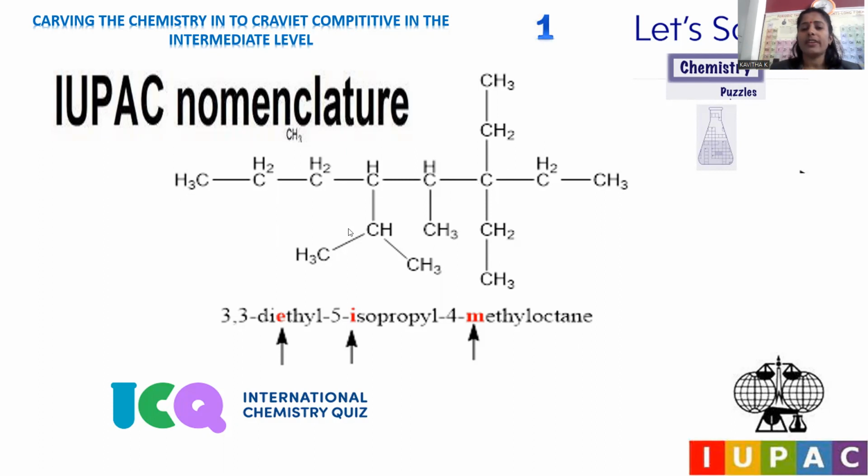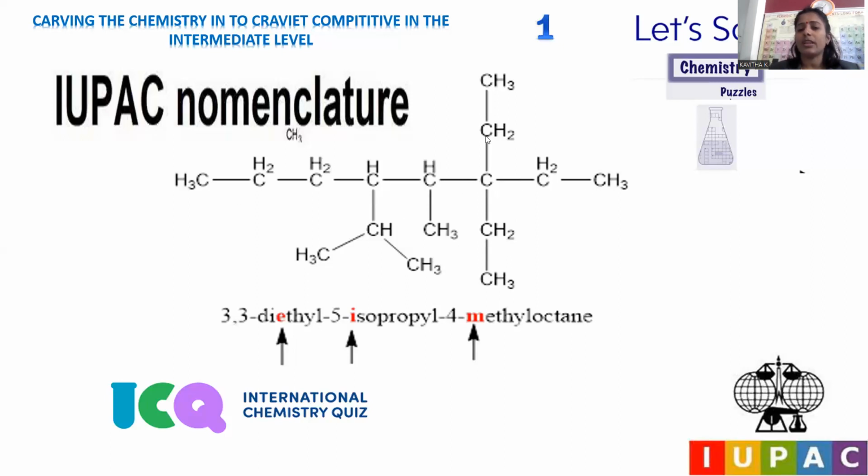On this octane, you can find the side branches. When assigning names to these alkyl side chains, we have to arrange the alkyl substituents in alphabetical order. So here eth will come. CH2CH3 is called ethyl, and these two ethyls are located on the third carbon of this octane chain.